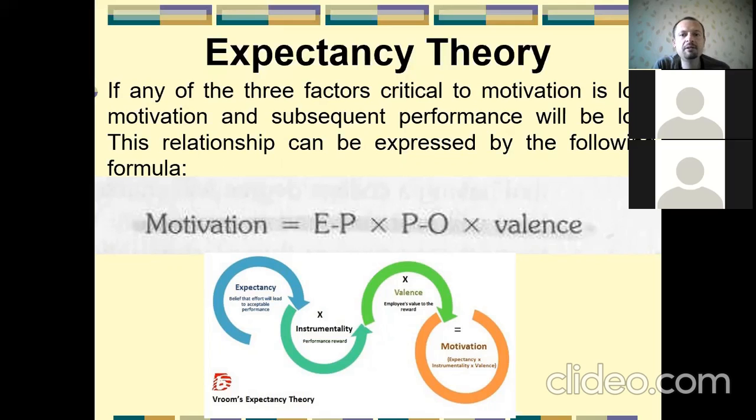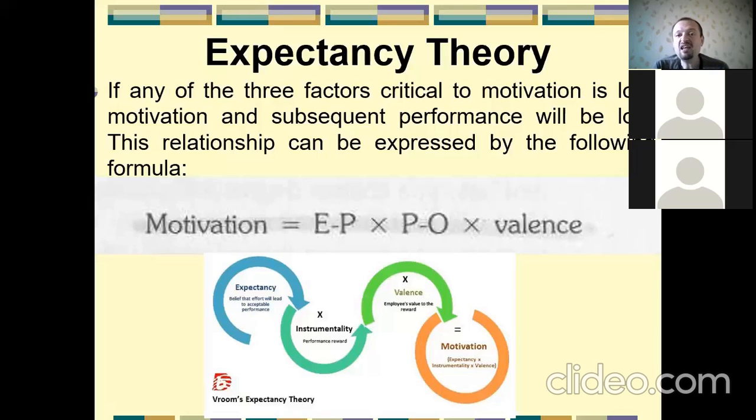The second component: if our subordinates don't believe that the reward will be provided, theoretically he or she will think that yes, it is possible to complete this task and the reward is really good.